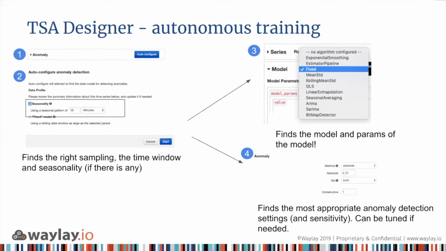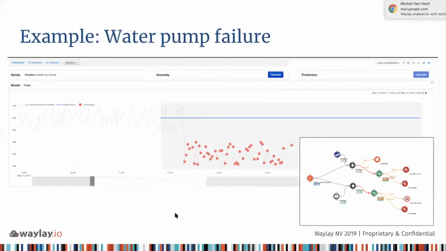Or you can, like I said, let the system figure out the appropriate settings for seasonality, or if you have a fixed model for the deviations and so forth. Okay. So this is what we saw, right? The water pump failure, where it's very easy to go back and forth between the rule and the TSA designer, the time series analytics designer, for creating your mathematical formula and your algorithm for anomaly detection.